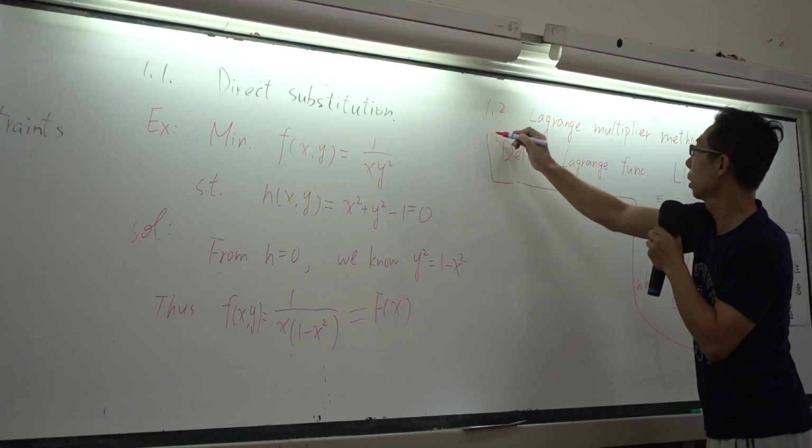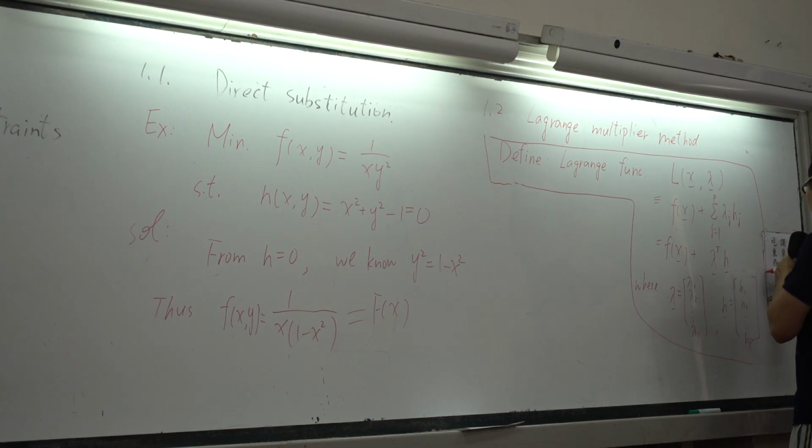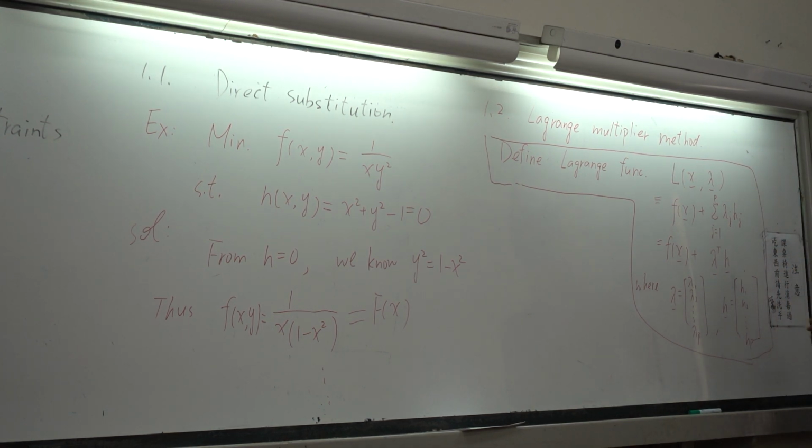For this method, we define this Lagrange function, and then we just treat it as our new function without constraints. So now it's a function of x1 up to xn and lambda 1 up to lambda p.